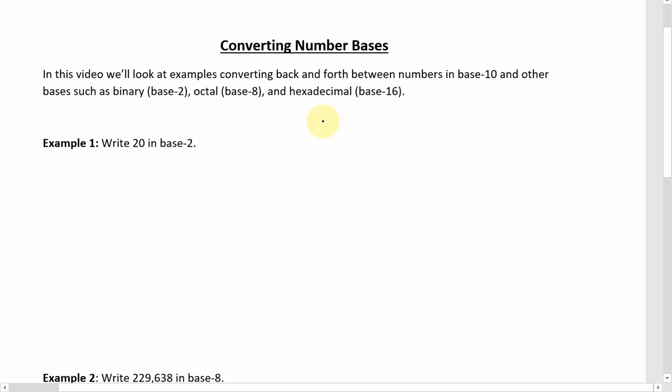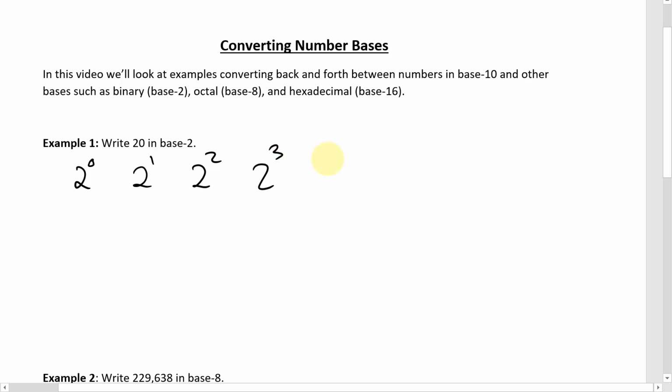It says write 20 in base 2, and because I want to go to base 2, I'm going to look at increasing powers of 2 beginning with 2 to the power 0, 2 to the power 1, then 2 squared. I'll keep going as long as I have a value that is less than or equal to what I'm trying to convert, which in this case is 20. So we're at 8 now.